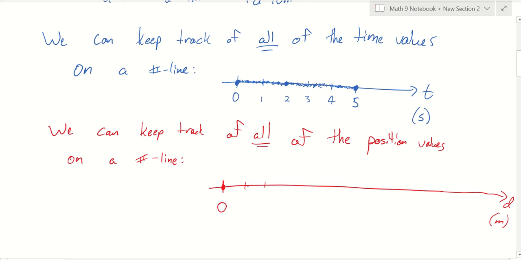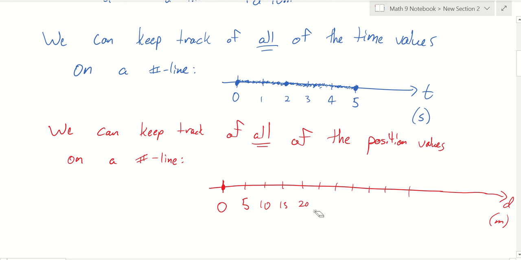And then we go from 0 to 1 to 2 to 3 to position 4 meters, 5, 6, 7, 8, 9, and 10. It's good to label these tick marks so that somebody reading your number line knows what one tick mark represents. Because you could choose one tick mark to mean 5 meters, and then it would go up by 0, 5, 10, 15, 20.